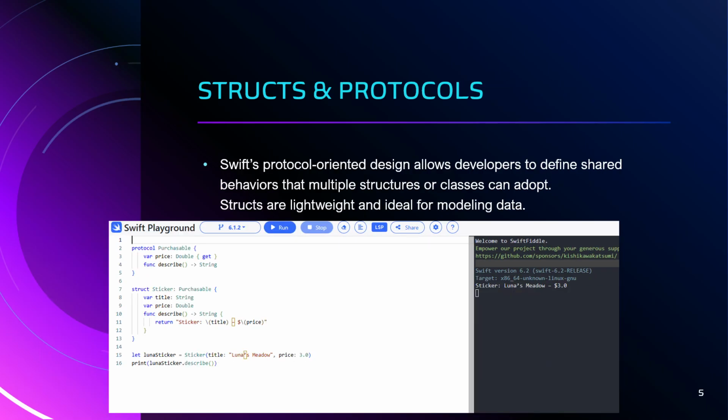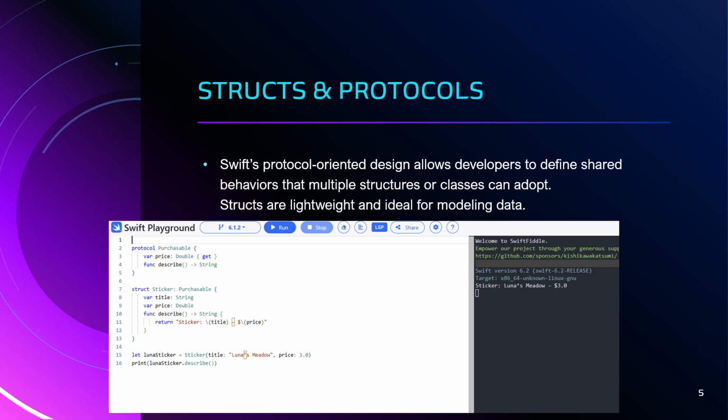Okay, so now we have structs and protocols. Next, I learned about structs and protocols, two core ideas in Swift's design. Protocols define the blueprint for how an object should behave, and structs are simple data structures that store information.